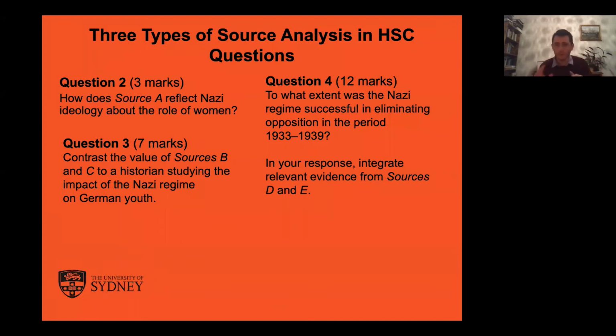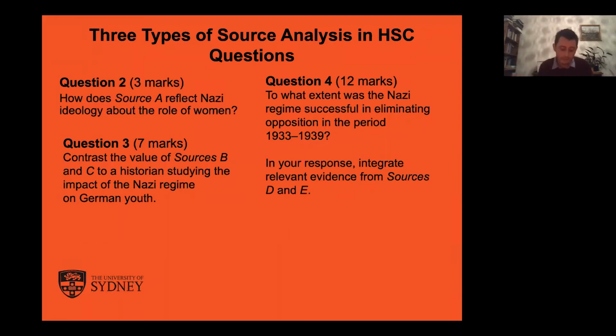So basically, all source analysis questions will come down to one of three things: looking for evidence of something specific, usually a syllabus dot point or part of a dot point, in a source, assessing the value or reliability of a specific source, or using a source as evidence for points you are making in a longer response.